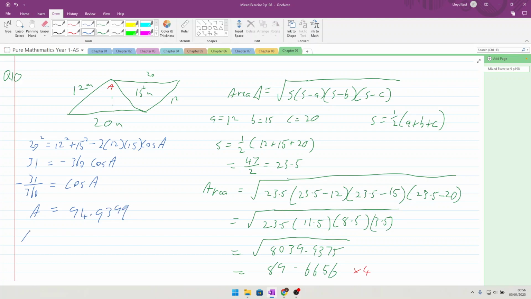And then we can use triangle area is equal to a half AB sine C. So we've got a half times 12 times 15 times the sin of 94.93.